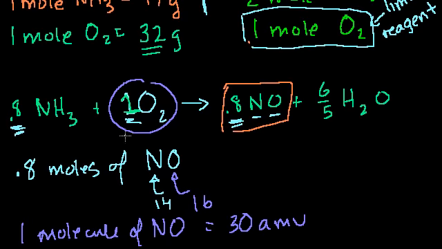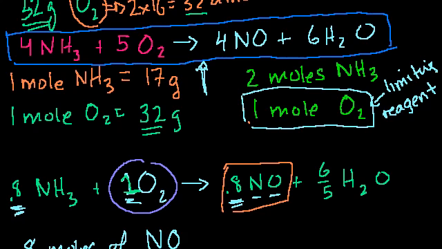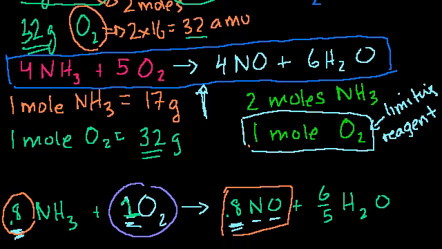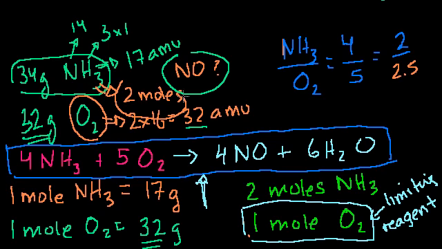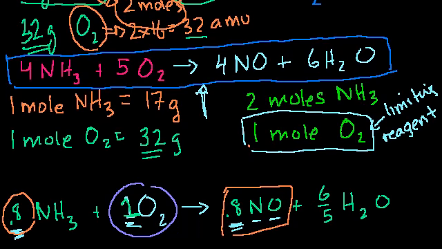And so you might ask, look, we're only using 0.8 moles of ammonia. In the original problem, we were given 2 moles of ammonia. So what happens with all the leftover ammonia? Well, assuming we mix it really well, we're going to end up with 1.2 moles of ammonia doing nothing at the end.